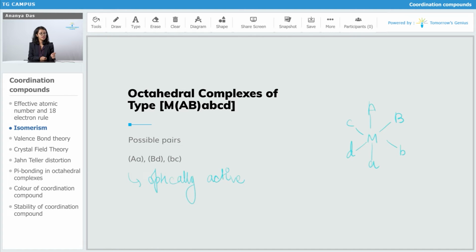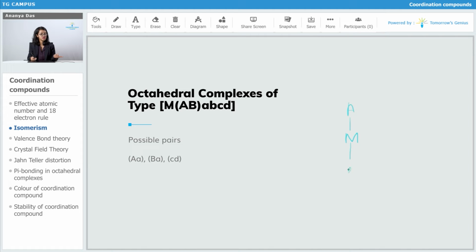Now we go to the next possible pair. So that's A is trans to D, B is trans to C, and a is trans to b. Again optically active. So this was the 6th possible pair which was optically active. 7th possible pair, let's see if it's optically active or not. So yes, this is optically active.